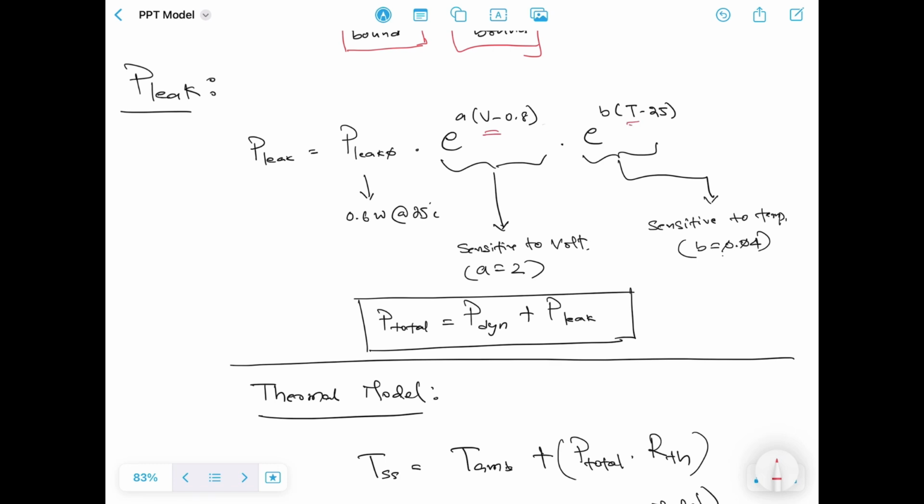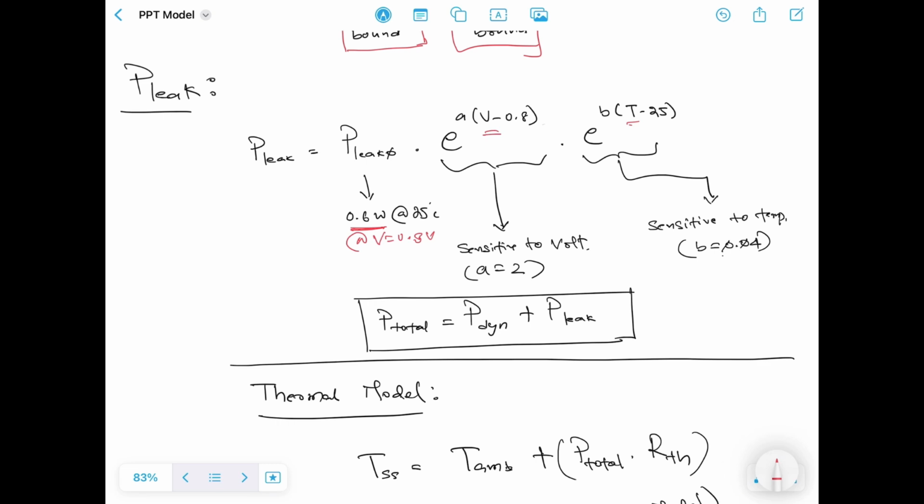Now this P leak 0 is treated like a modeling constant, and I've set that value to 0.6 watts at 25 degrees C, and we can also think of it as at a voltage of 0.8 volts. The idea behind choosing 0.6 watts is that it gives us a realistic-looking battery drain behavior in the simulation. That's the reason why this is chosen.